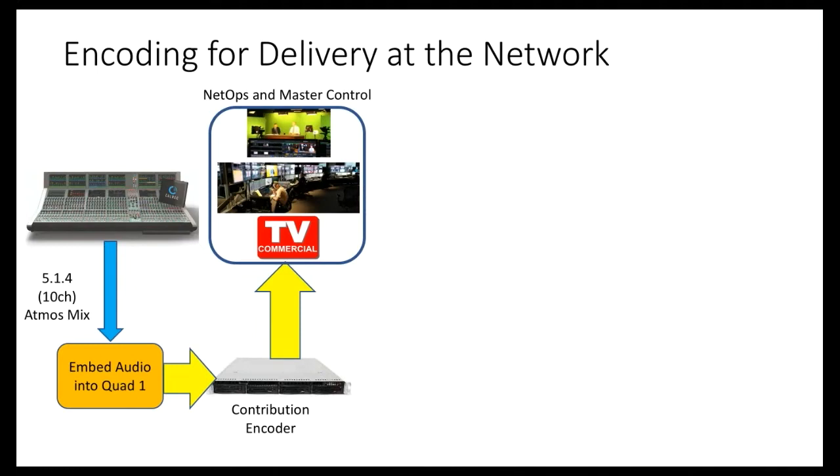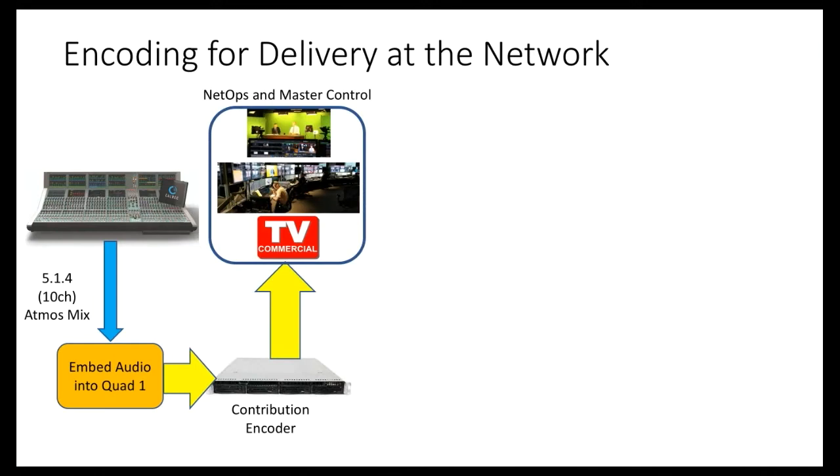This is typical of U.S. signal paths. As I said earlier, the United States broadcast industry doesn't generally use contribution audio codecs for delivery to the network. They generally deliver PCM, just baseband audio.